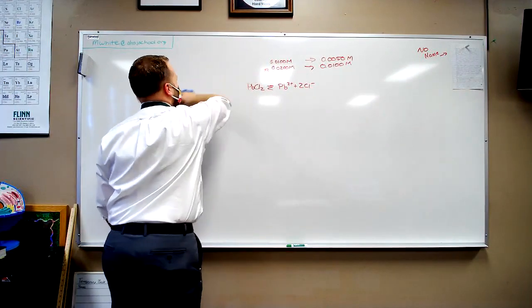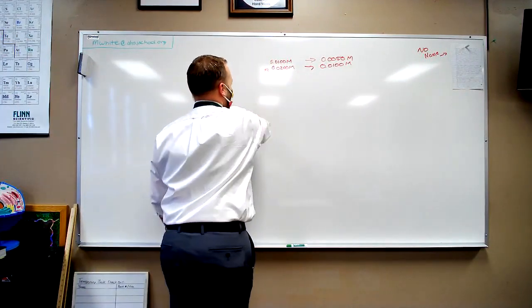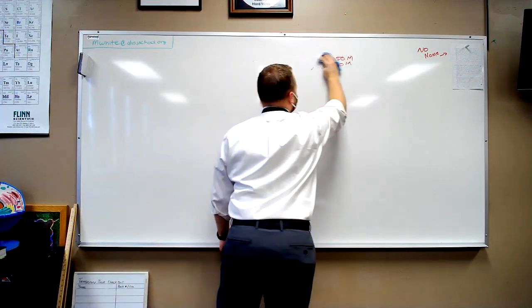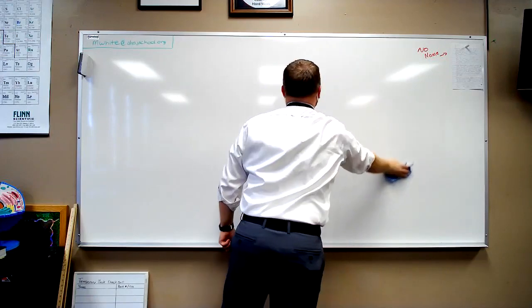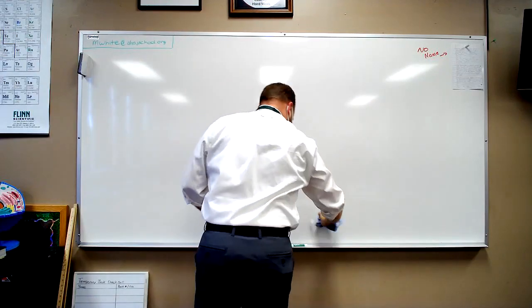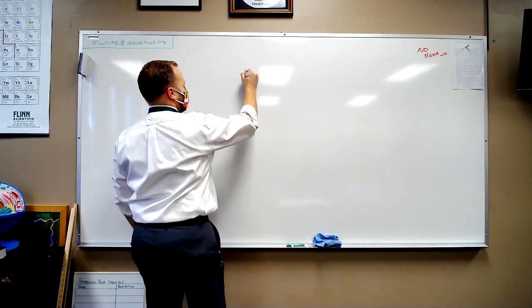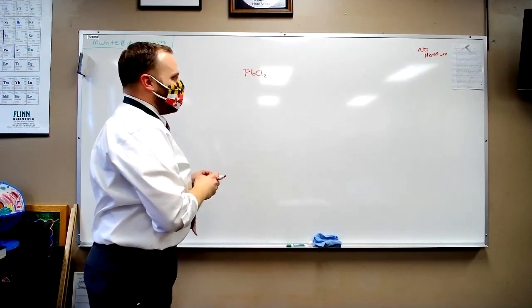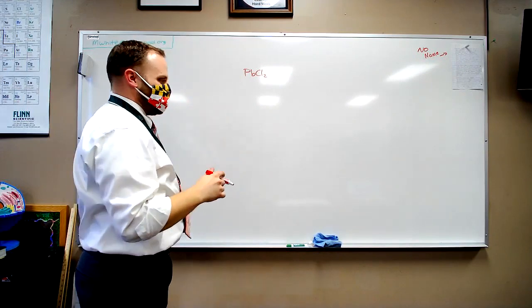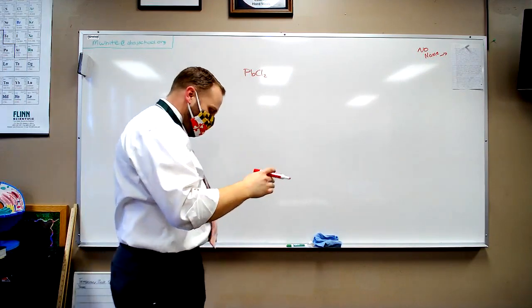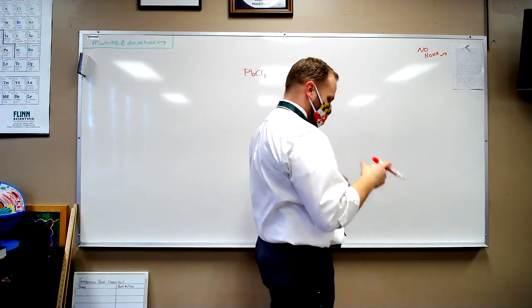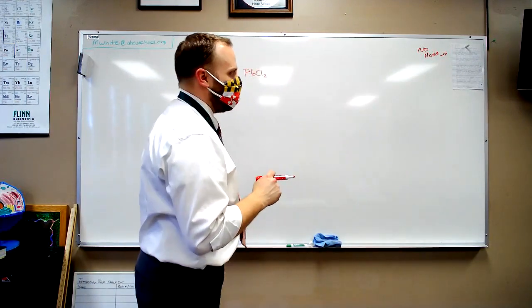common ion means you have two things that both, when they dissolve, are going to create the same ion. So if we go back and look at our lead chloride, like we had in the last problem, the KSP says we can dissolve this amount of lead chloride in a given volume.